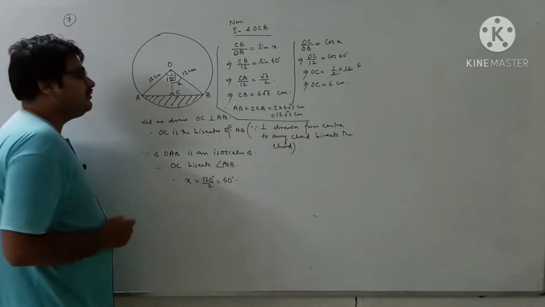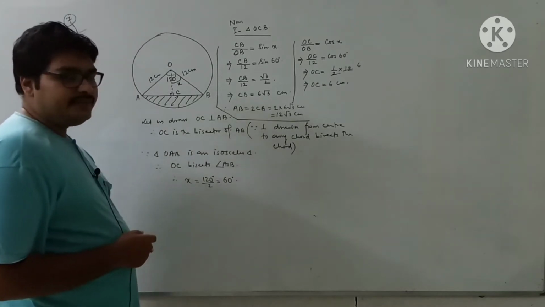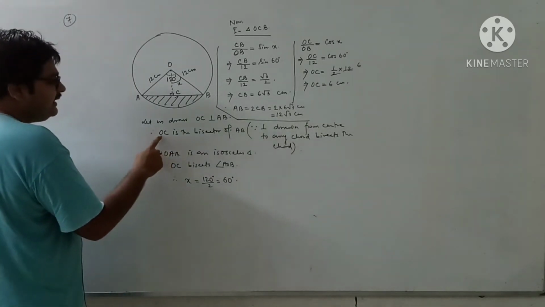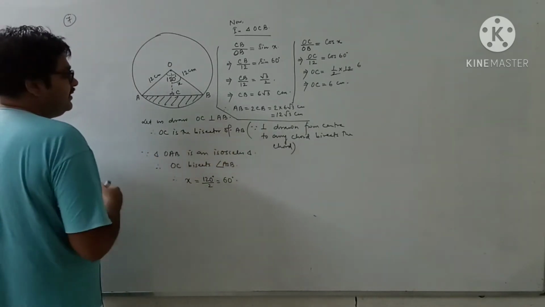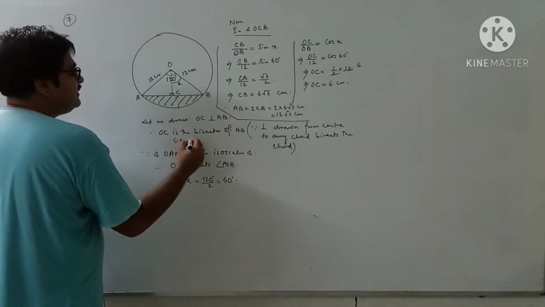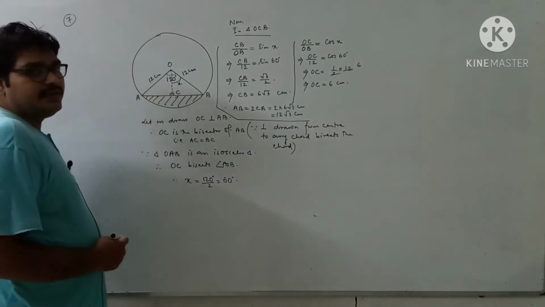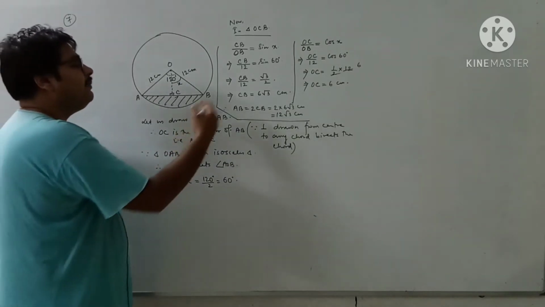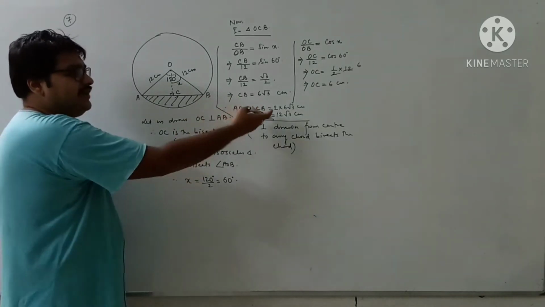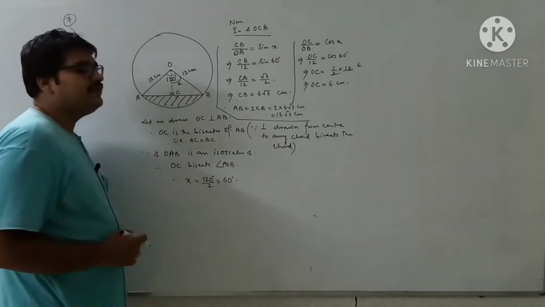AC and BC are equal. Here we have already written which is the bisector of AB. You can write here that is AC equal to BC. Okay? So that whenever we apply it next time here, I need not mention anything more.